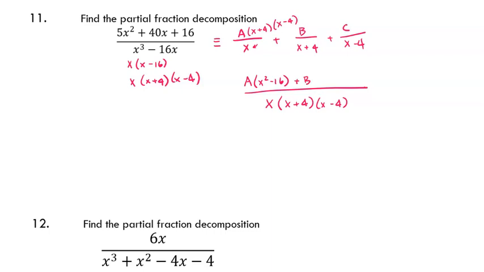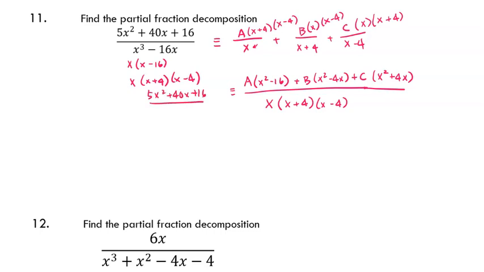B needs to be multiplied by x minus 4, so that is going to be x squared minus 4x. C is now missing x and an x plus 4, so that's going to be x squared plus 4x. Okie dokie. This is going to be 5x squared plus 40x plus 16 over x cubed minus 16x.